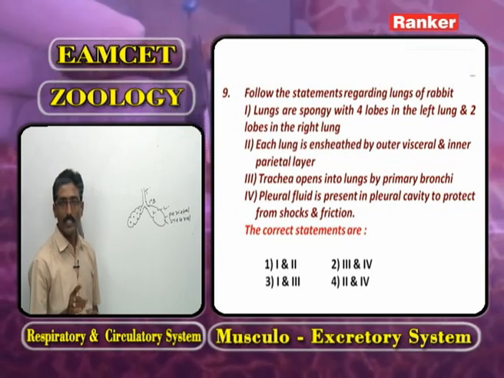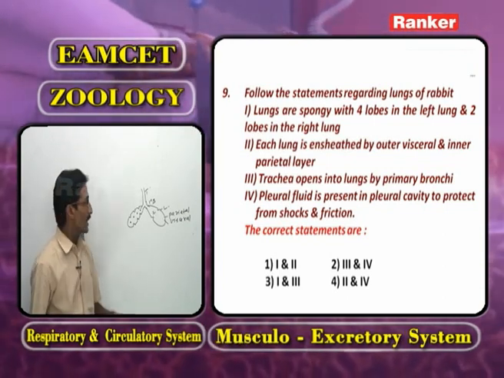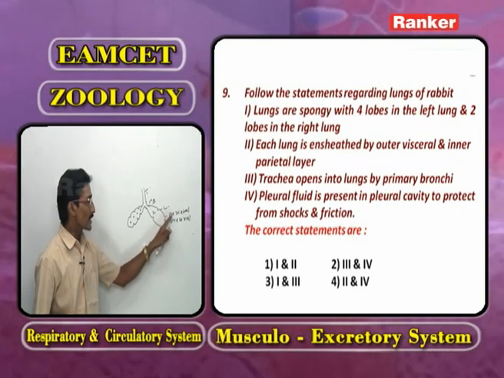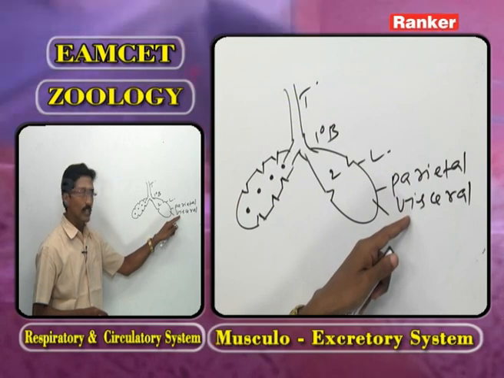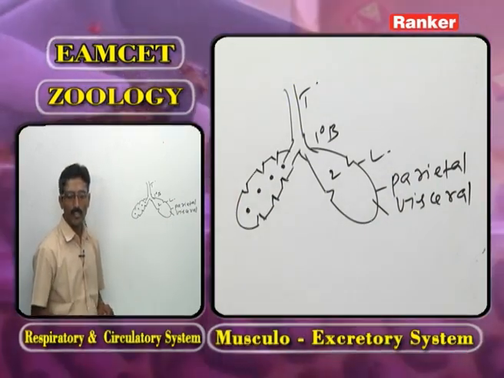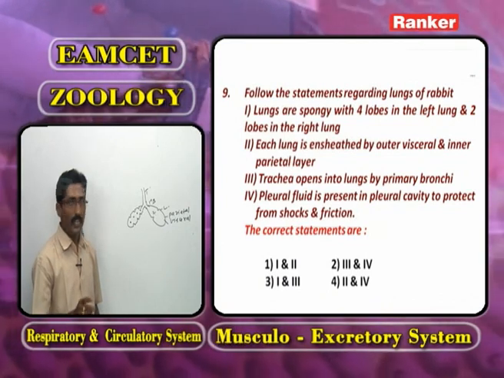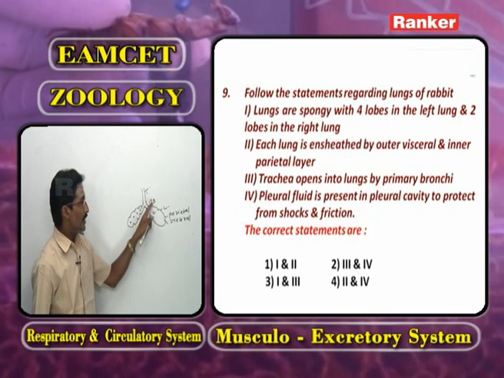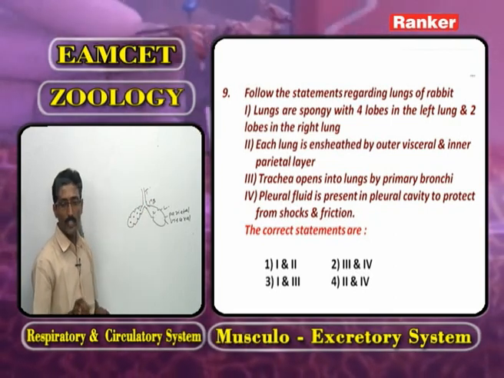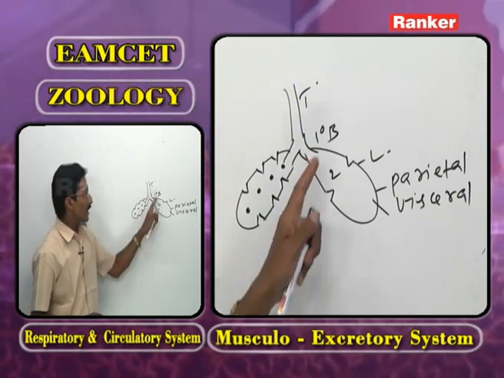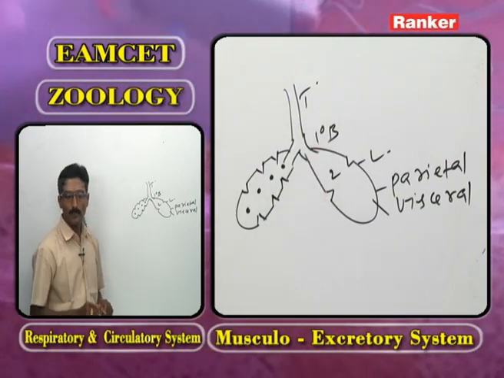Second, each lung is ensheathed by outer visceral, inner parietal. But what is the outer one? Parietal. Inner one is visceral. So the second one is eliminated, wrong. Third one, trachea opens into lungs with the help of primary bronchi. So third statement correct.